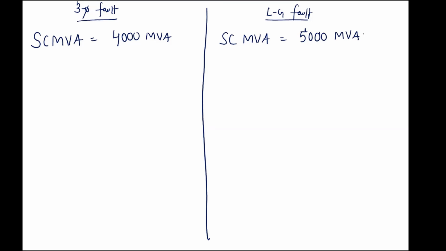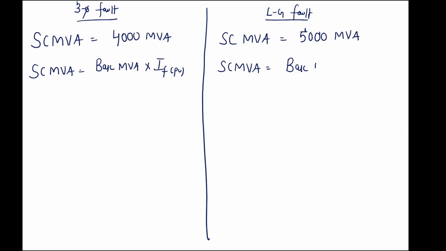But I know what is the formula for short circuit MVA? Base MVA into IF per unit fault current. Here also the formula is same. Short circuit MVA is equal to base MVA into IF per unit.